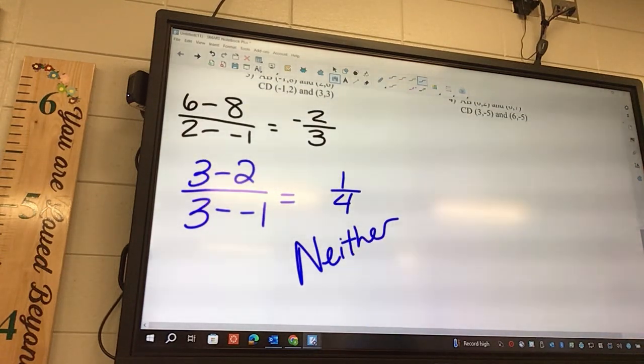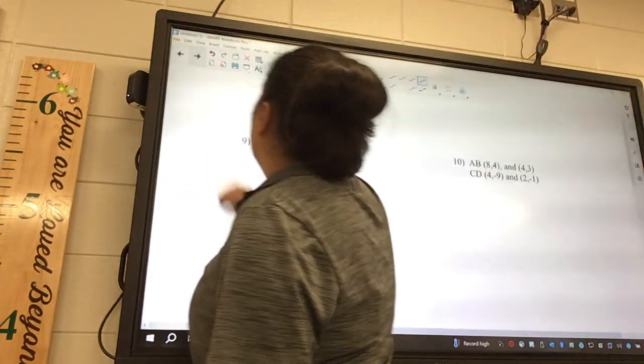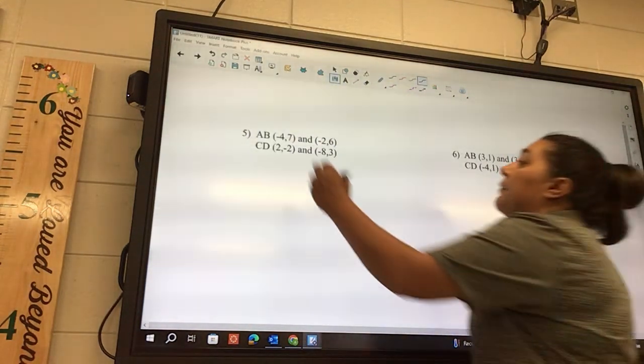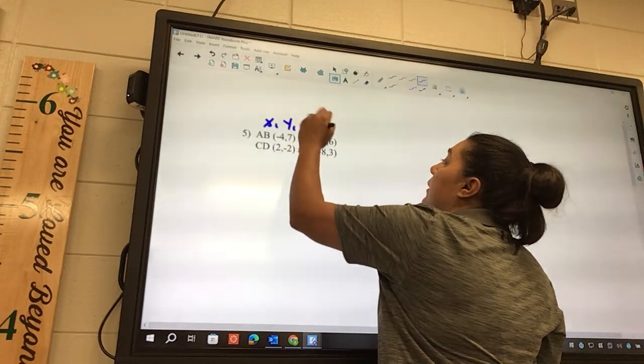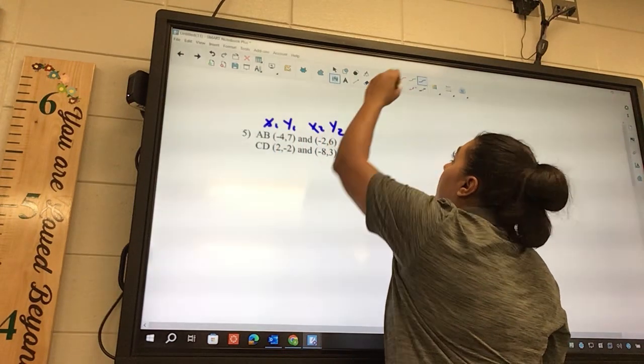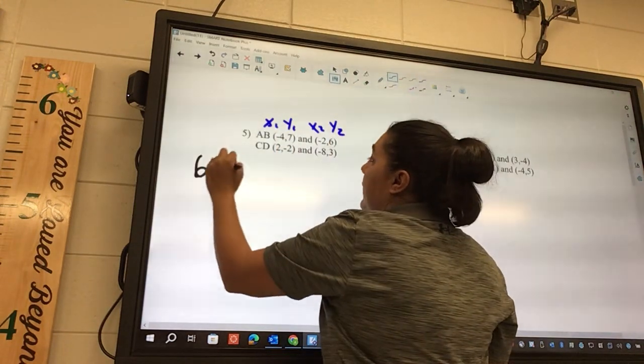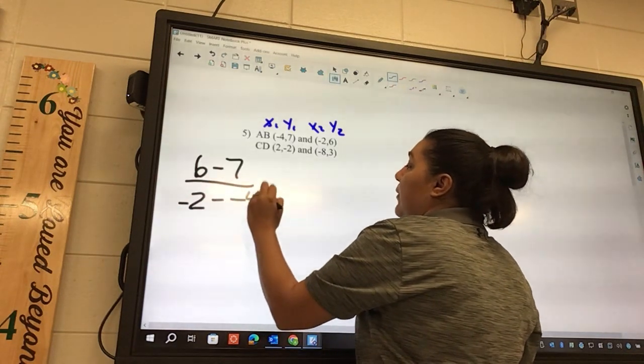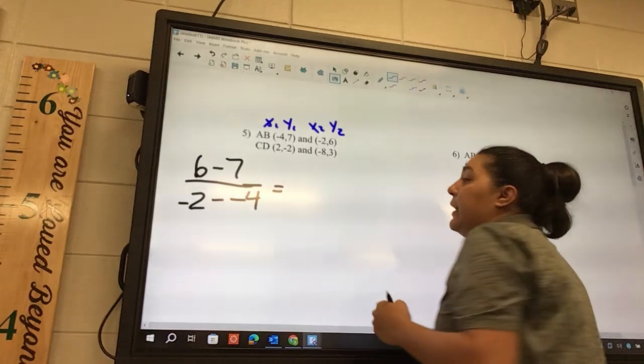Can I scroll? Okay, 5. I got X1, Y1, X2, Y2. Okay, so it's going to look like 6 minus 7 over -2 minus -4. Okay, the bottom one, there's a lot of negatives going on, okay?